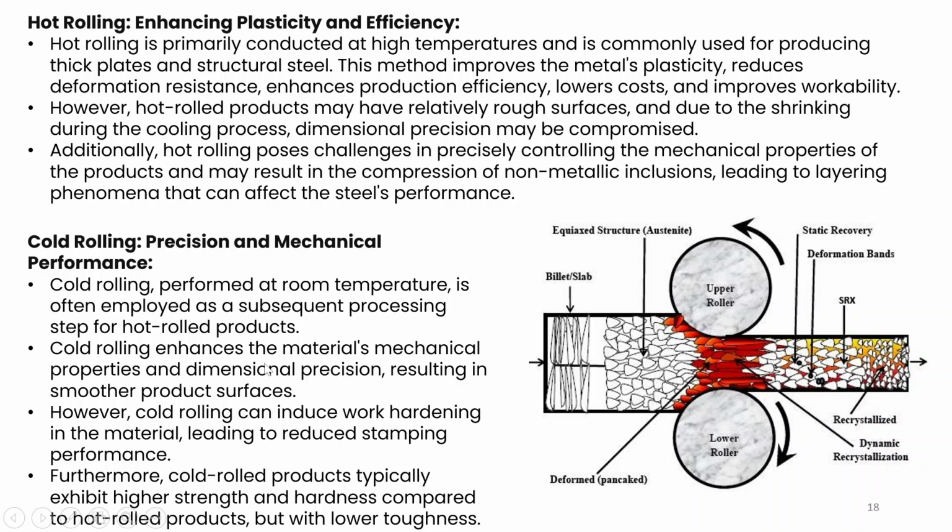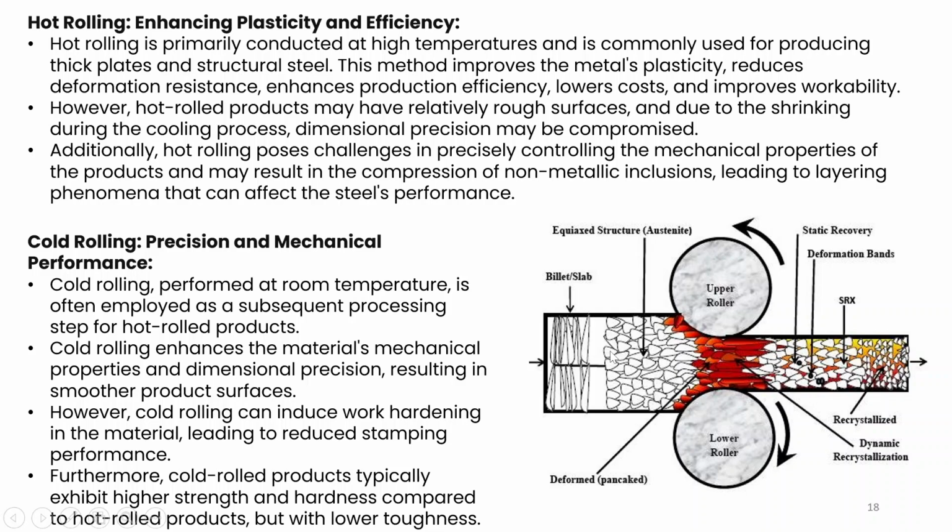Cold rolling enhances the material's mechanical properties and dimensional precision, resulting in smoother product surfaces. However, cold rolling can also induce work hardening in the material, leading to reduced stamping performance. Furthermore, cold rolled products typically exhibit higher strength and hardness compared to hot rolled products, but with lower toughness.